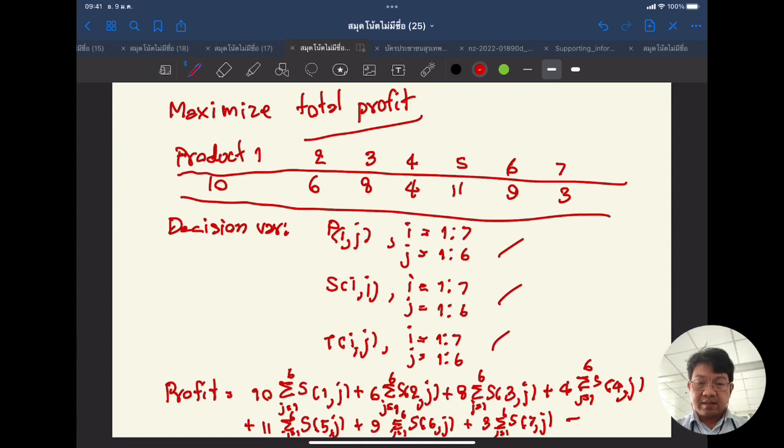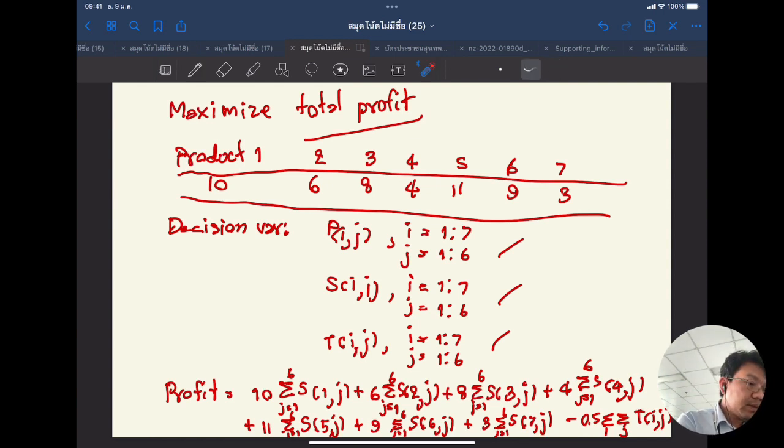So anything you store in the storage costs 0.5 per unit per month. If you sum up over all i and j the storage Tij, and you multiply it by 0.5, it will be the cost for the storage. All right, it is a storage cost.